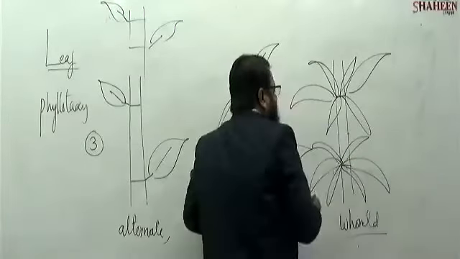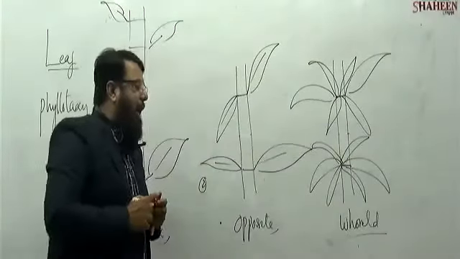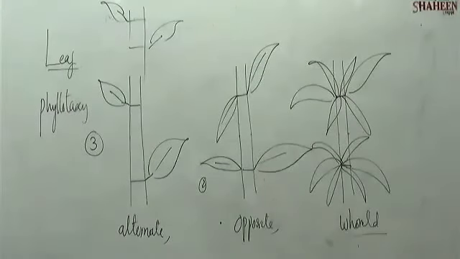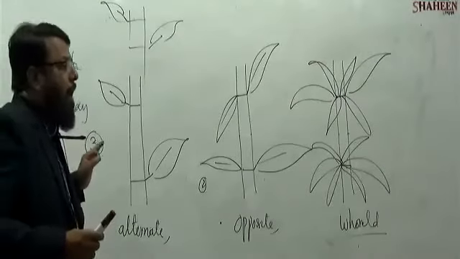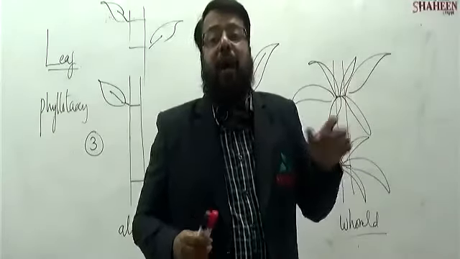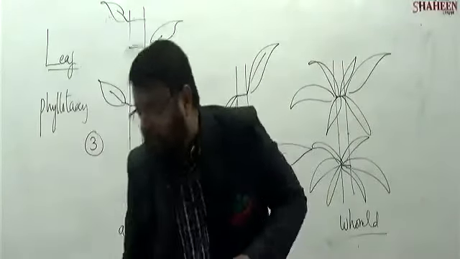This type of phyllotaxy is called whorl phyllotaxy. So alternate, opposite, and whorl. In which plant is whorl phyllotaxy observed? In Alstonia.